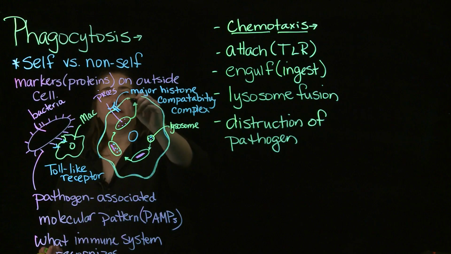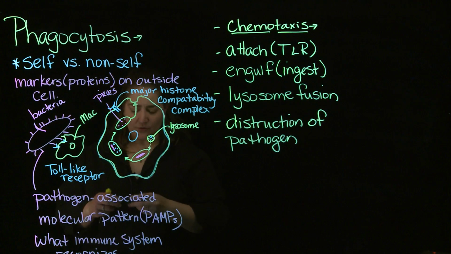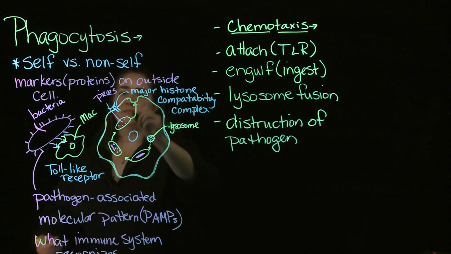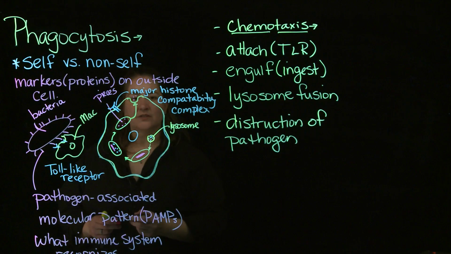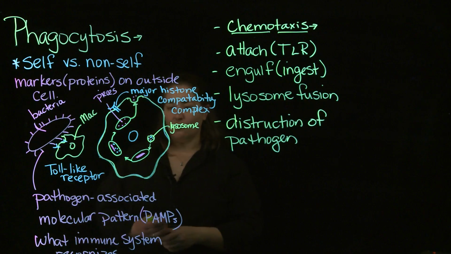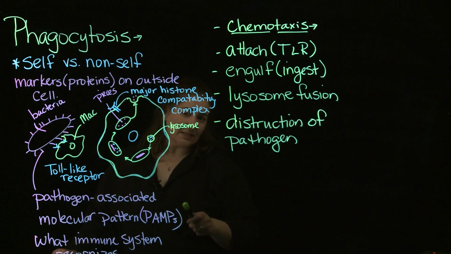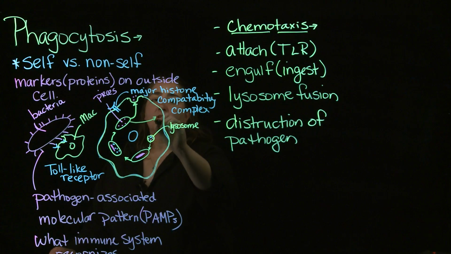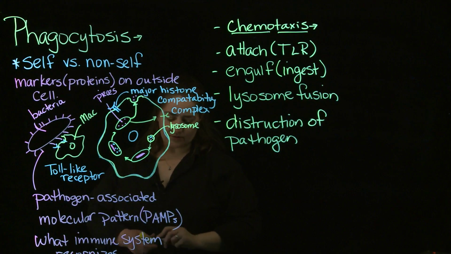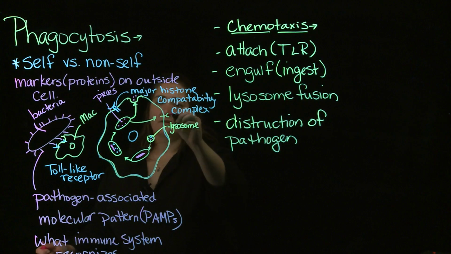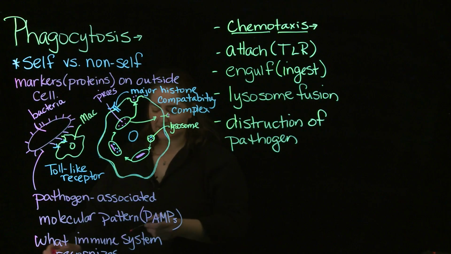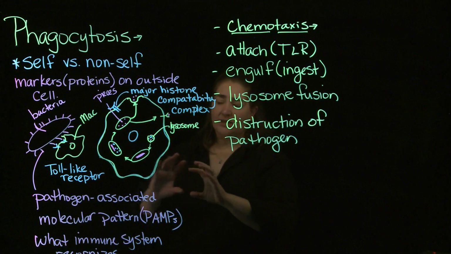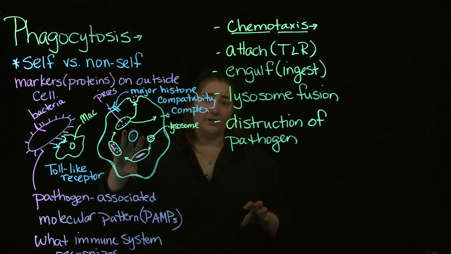Either that vessel then will fuse with the cell membrane and you'll get rid of those bits of waste. Or when we get to chapter 17, I'm going to talk about this in more detail, you can have those particles essentially displayed on the outside of the macrophage.